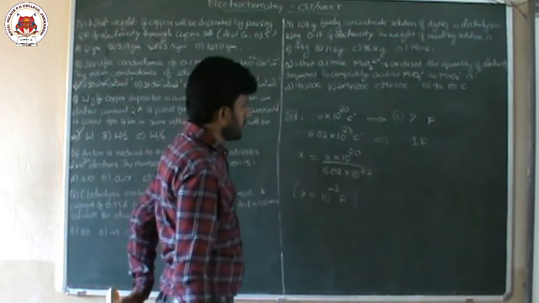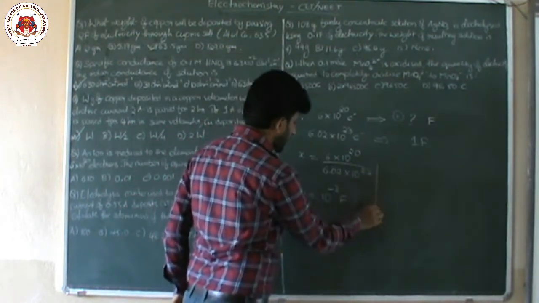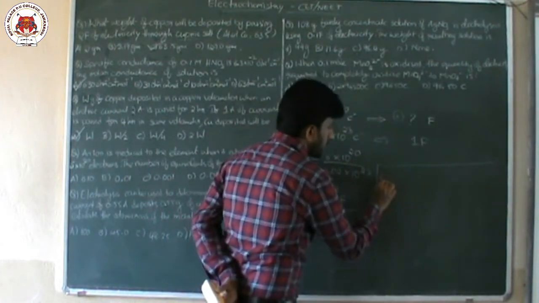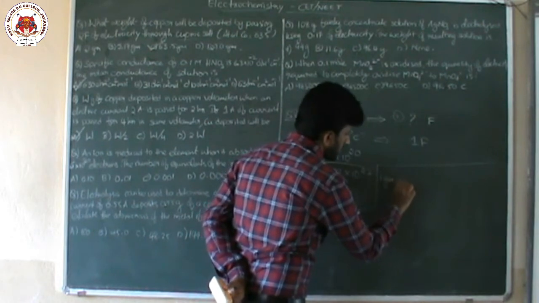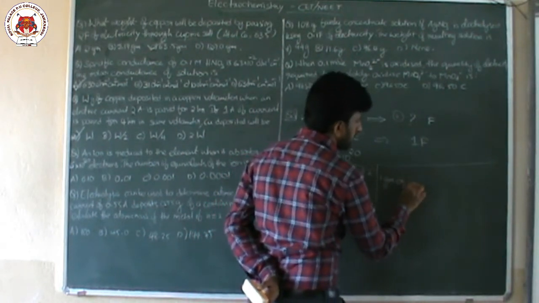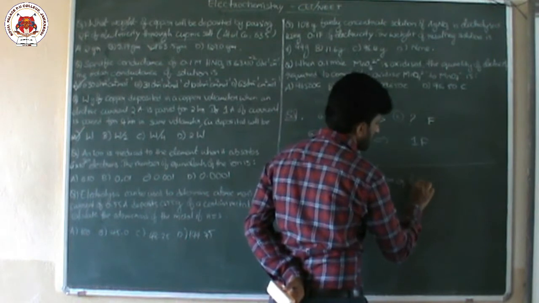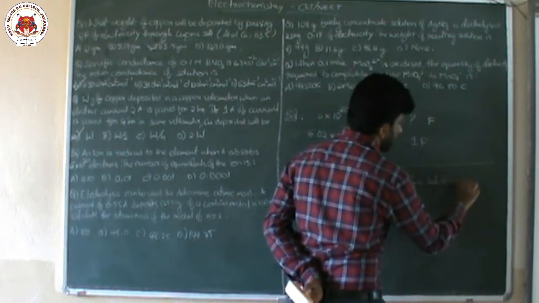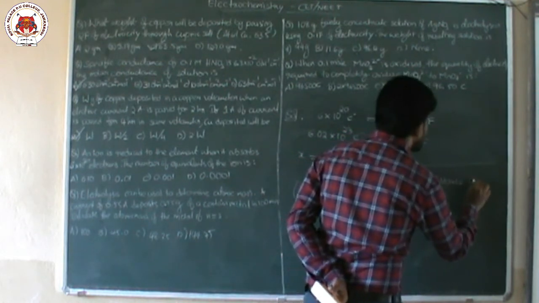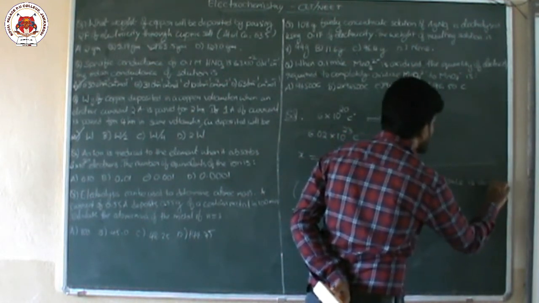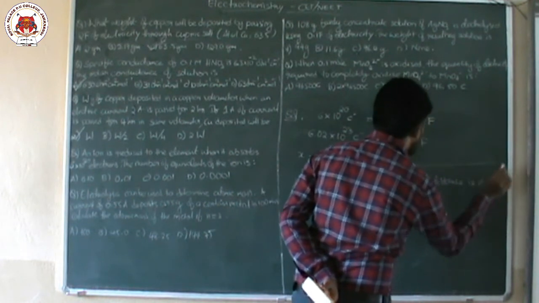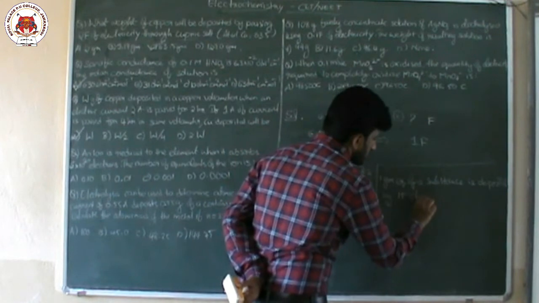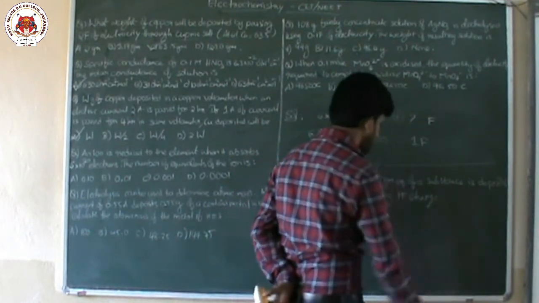Now you know from Faraday's laws that 1 gram equivalent of a substance is deposited or liberated by passing 1 Faraday charge.